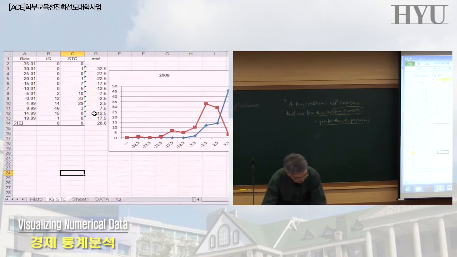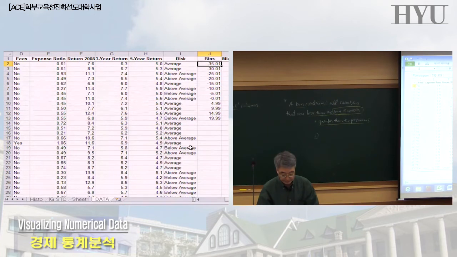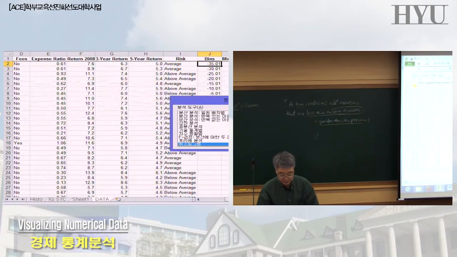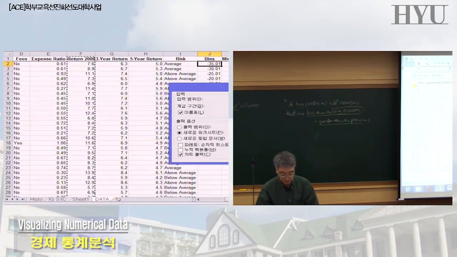And you can use the histogram function to come up with this distribution. Let me just show you how, just in case you forgot. So go to data analysis, histogram function, and this time we need to separate two categories.